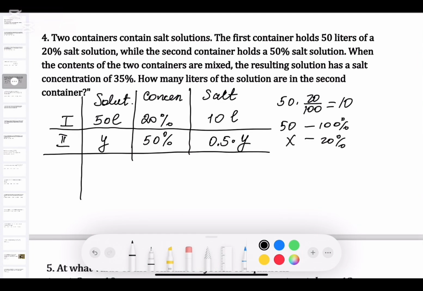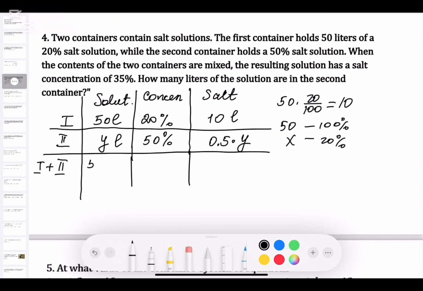And when we mix these two solutions together, when the contents of the two containers are mixed, the resulting solution has a salt concentration of 35%. How many liters of the solution are in the second container? So we're mixing the first and second containers. In the first container, we have 50 liters of the solution. In the second container, we have y liters.